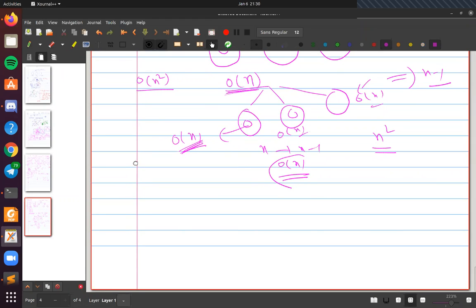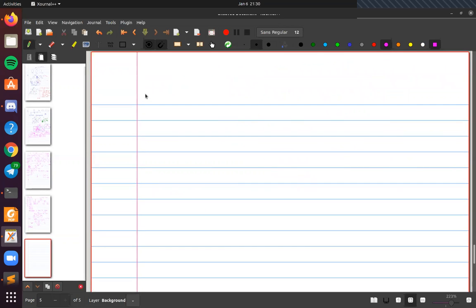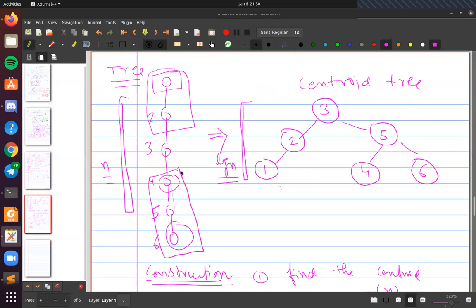But the fact is that this same algorithm is n log n, and this is based on the property of the centroid tree that the height is log n. I will prove that the complexity is n log n. So construction in n log n. So the construction is clear?